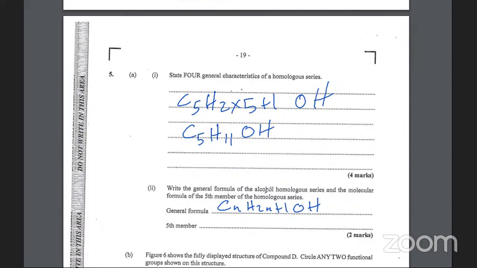But the molecular formula groups the elements together, so it would be C5H12O. Molecular formula, you group all the elements together. So it becomes C5H12O, not C5H11OH.